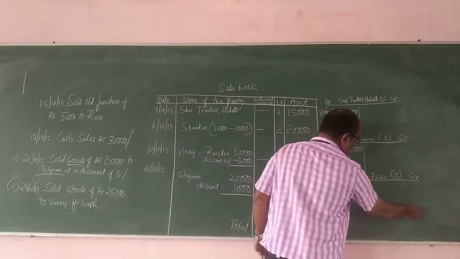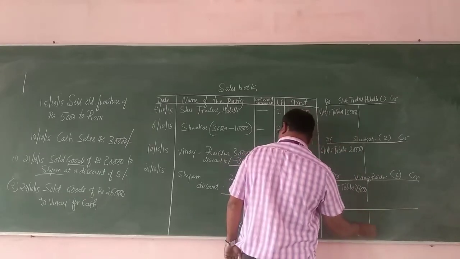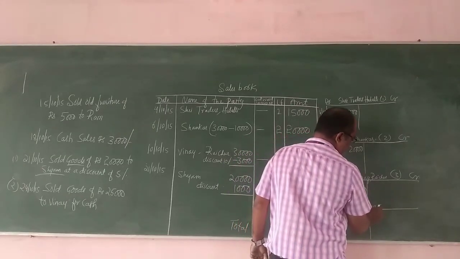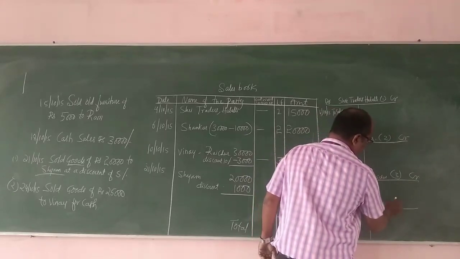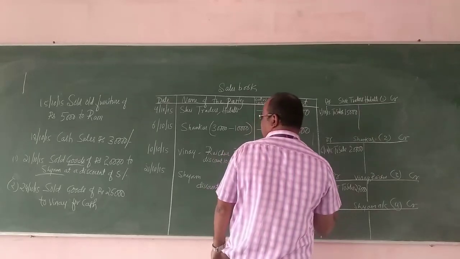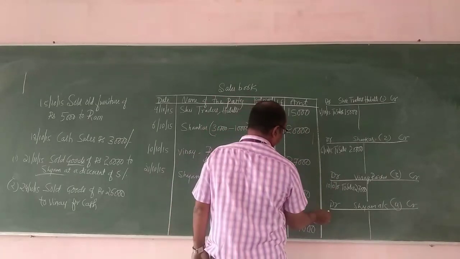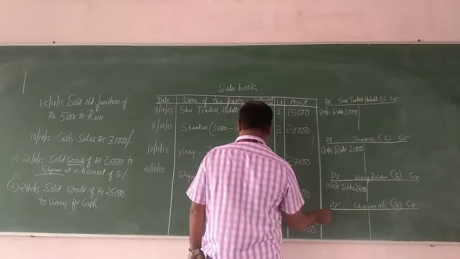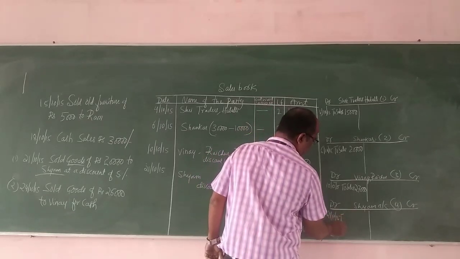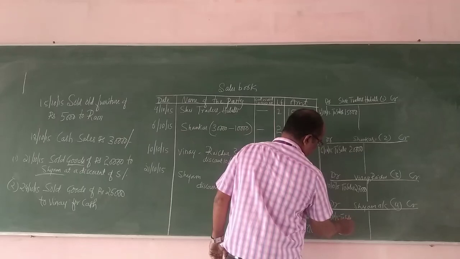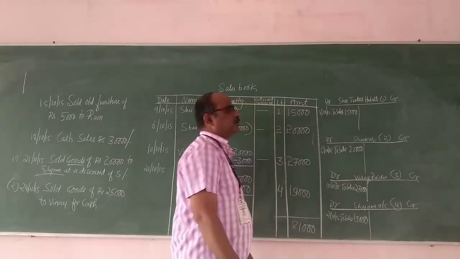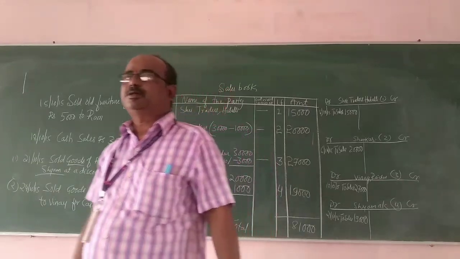And we will open one more ledger for Shyam. To sales 19,000. So this is how you will prepare the sales account.